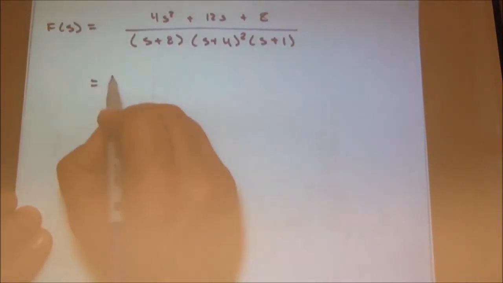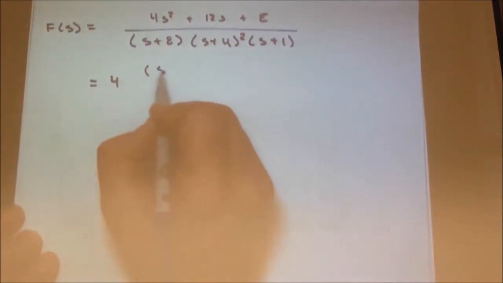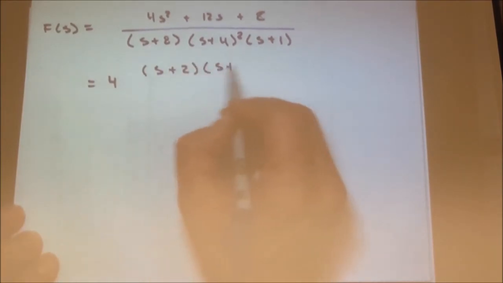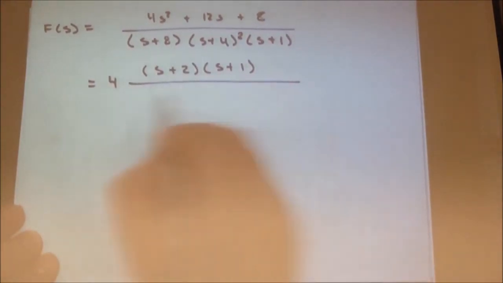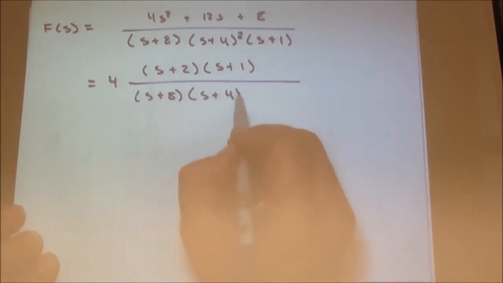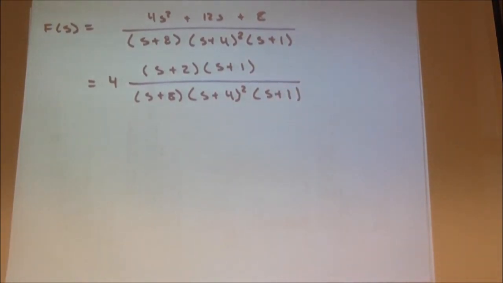And if we do a little factoring here, this winds up being 4 times s plus 2 times s plus 1 over s plus 8, s plus 4 squared, s plus 1. Then we cancel out those s plus 1s.